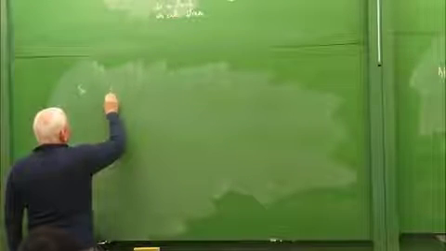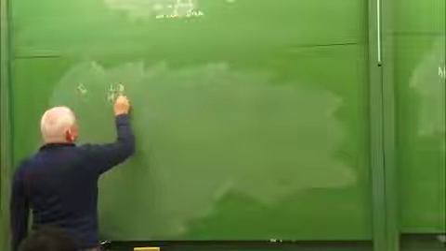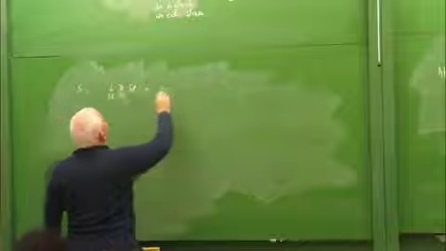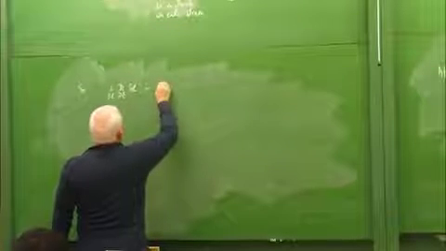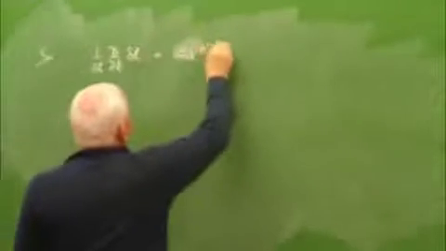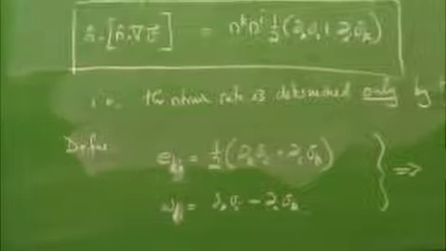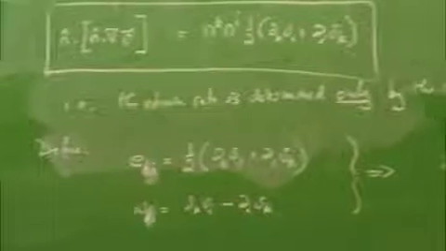So 1 over delta L d by dt of delta L is then equal to, let me write it the other way around, Eik ni nk. Any questions on this?